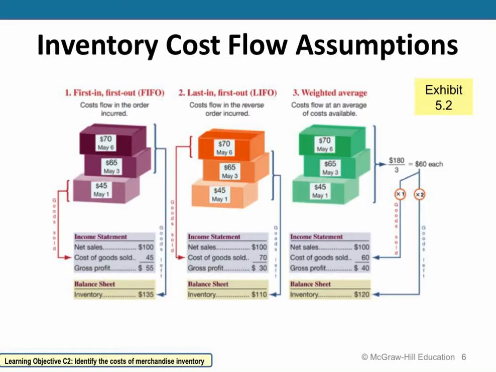So when the item is sold, we'll have net sales of $100. Cost of goods sold is $60, giving us a gross profit of $40. And then the ending balance would be $120, the 60 plus 60. And you can see that that gives us a gross profit in between what FIFO and LIFO gives us, and gives us an inventory balance in between what FIFO and LIFO gives us.